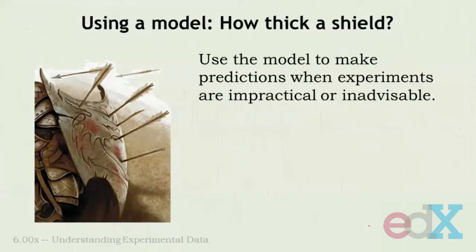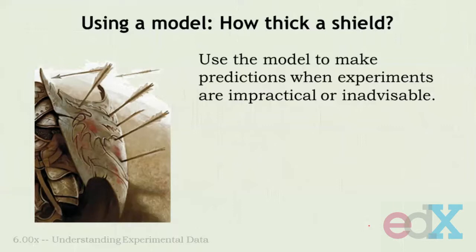And it's nice to use the model because there are times when experiments are sort of impractical or inadvisable. So standing up with a thin shield and having somebody shoot arrows at you might be a very bad idea because the shield might not do what it should, and somebody says, aha, it needs to be thicker, but it might be too late for the participants in the experiment.